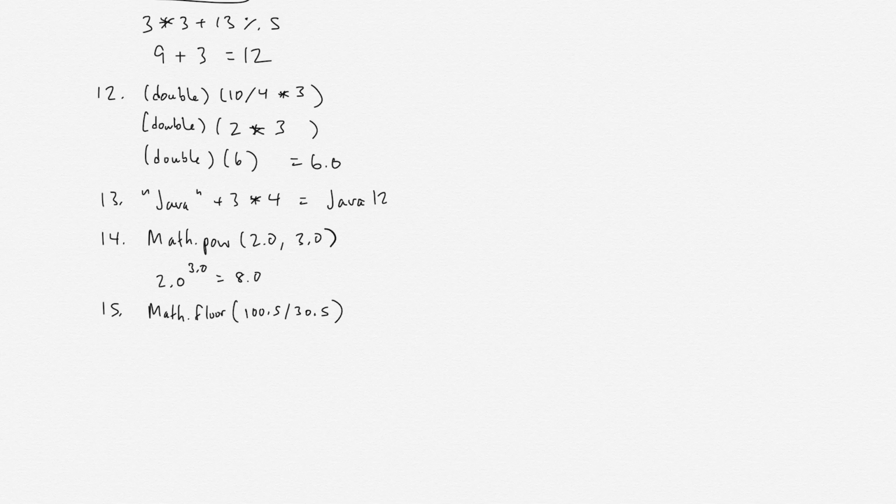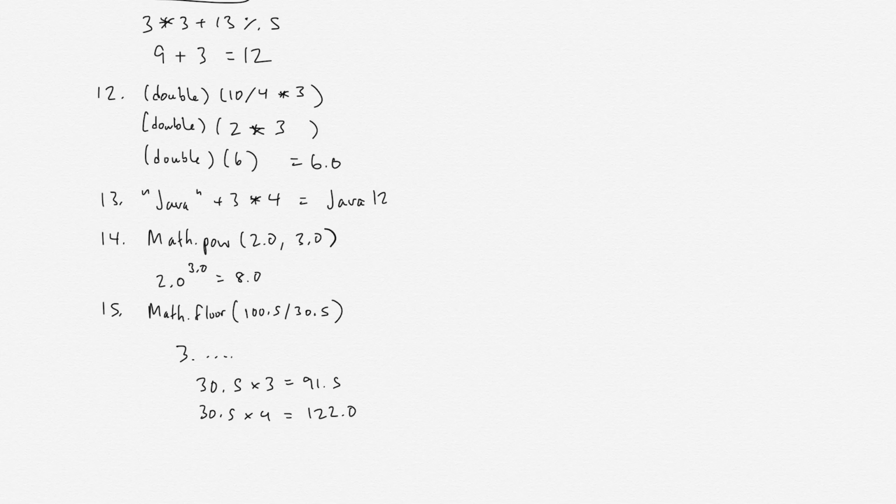I don't know what exactly it is. It's 3 point something, because I know 30.5 times 3 is roughly around 91.5, and 30.5 times 4 is about 122.0, so I know 100.5 is in between there, right?